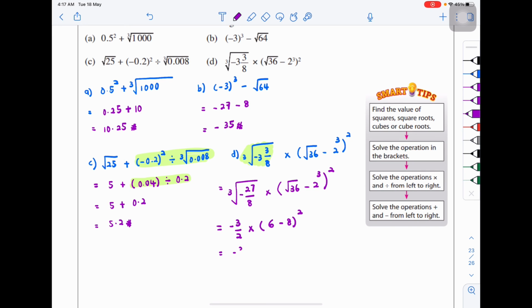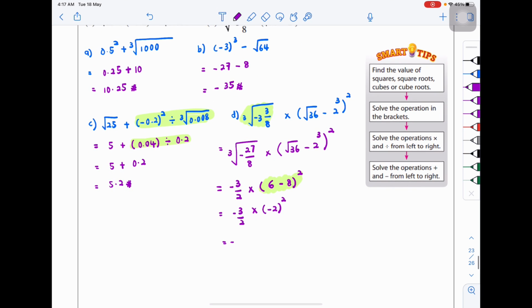We need to solve inside the bracket first. So 6 minus 8 will give us negative 2 squared, and then negative 2 squared will give us 4. Then we can solve this. Negative 3 over 2 times 4: 2 over 2 is 1, 4 over 2 is 2. Negative 3 times 2 is negative 6. So this is the final answer.